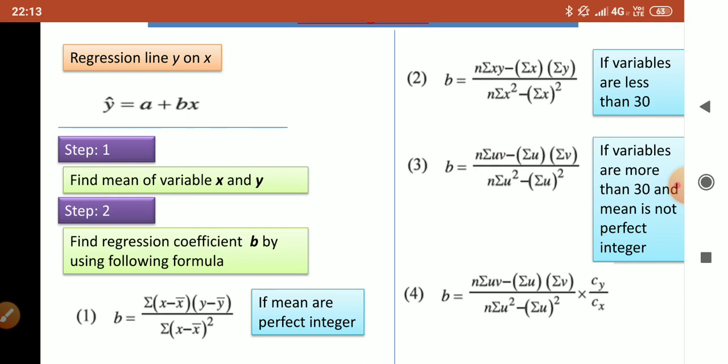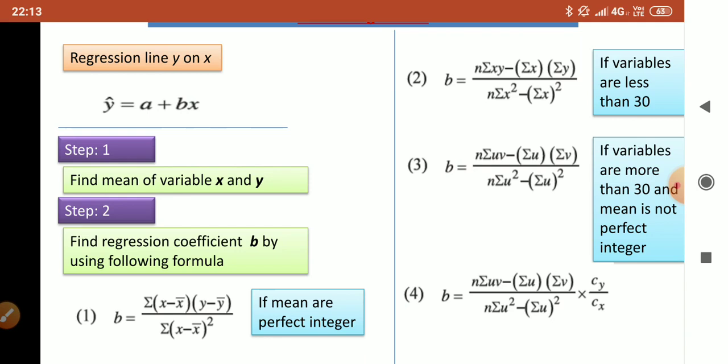Because in the sum, when we have found the sigma u, then in order to decrease those variables, we have divided by some number, that is cx, and in v we have divided by some number, that is cy. So cy by cx you have to do at the end, and only then you will get the perfect answer. So these are the formulas to find b.